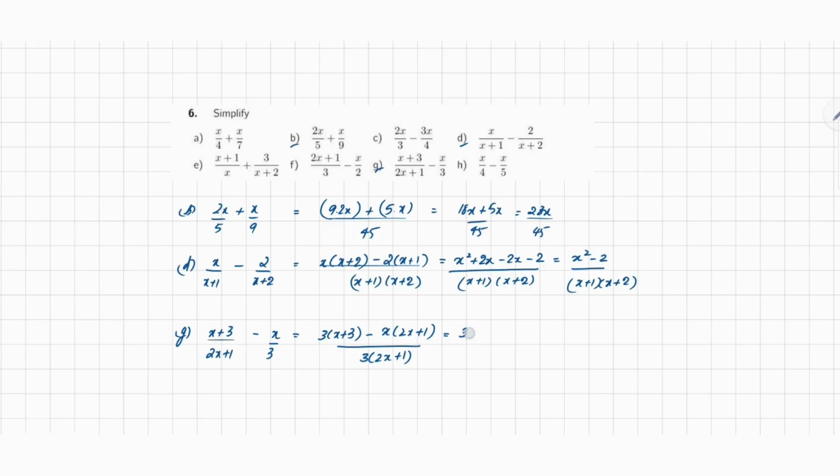And we open the bracket to simplify the numerator. We have 3x plus 9 minus 2x squared minus x over 3 times (2x plus 1). We can rewrite this as 3x minus x, that is 2x, plus 9 minus 2x squared over 3 times (2x plus 1).